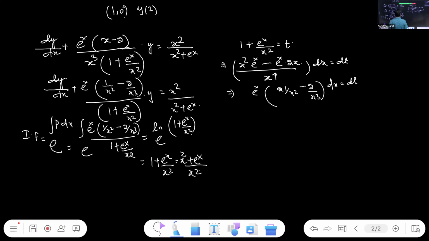Now we have to multiply the integrating factor to both sides of equation 1.